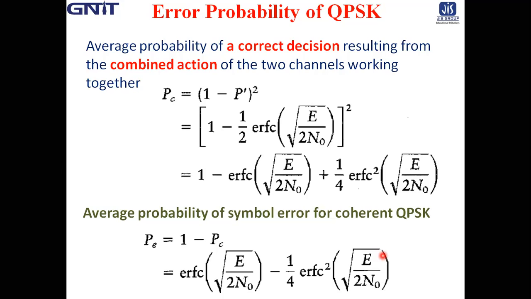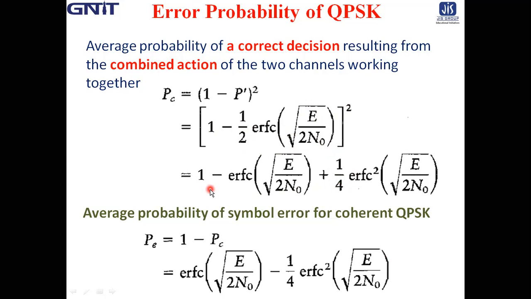Accordingly, the average probability of a correct decision resulting from the combined action of the two channels working together is PC equal to 1 minus P dash whole square, that is 1 minus half erfc square root of E by 2 N0, squared.